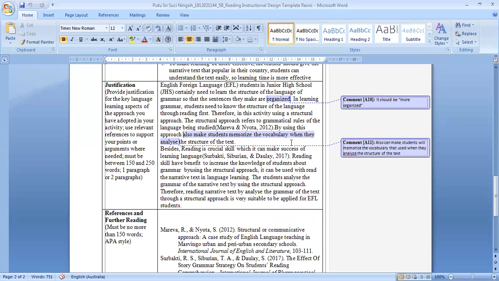And the last one, "by using this approach also make students memorize the vocabulary when they analyze" is really confusing me. I think it will be easier to understand if Suci uses: by using this approach, it can also make students memorize the vocabulary that is used when they analyze the structure of the text.